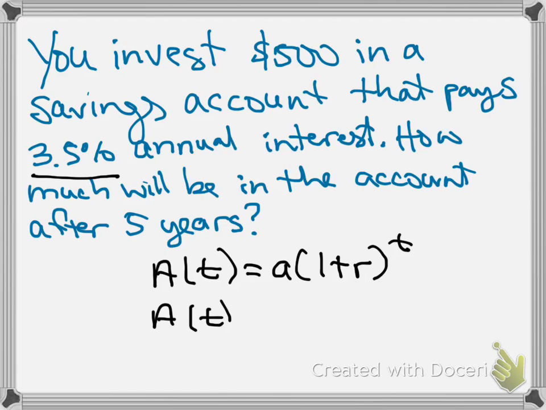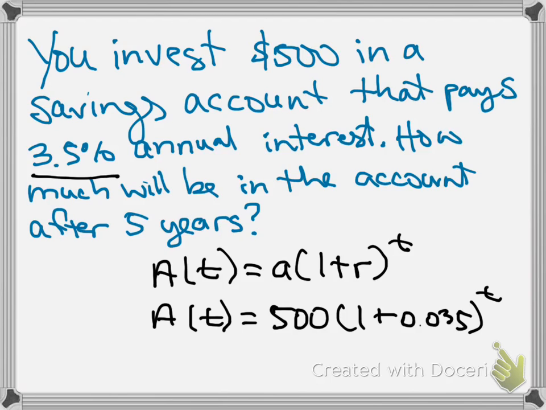So we know that the amount of money in our bank account after some time t has elapsed will be equal to this little a. That's our initial value, and we know that we're starting with $500 times 1 plus r. R being our growth rate, and we're growing here, hopefully you know, because we're earning interest. So this is going to be 1 plus 3.5%, which is 0.035, to the t power.